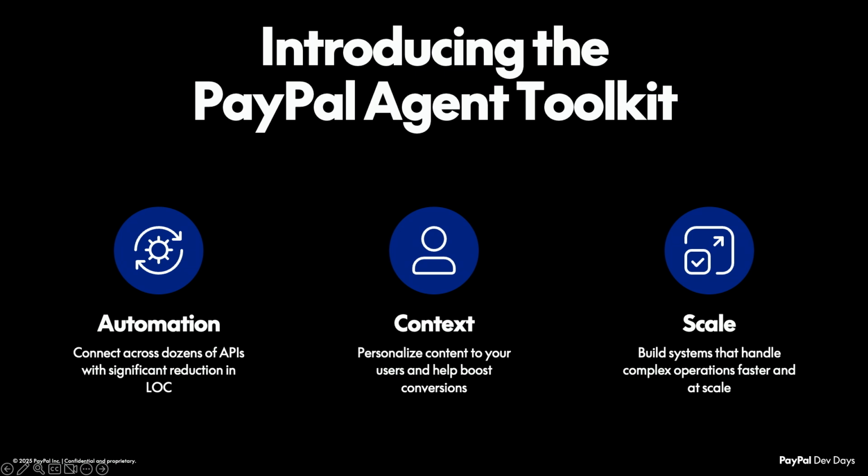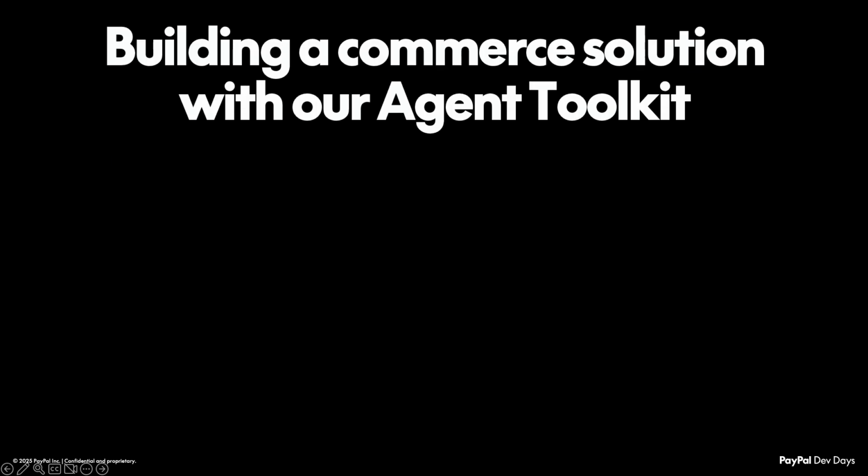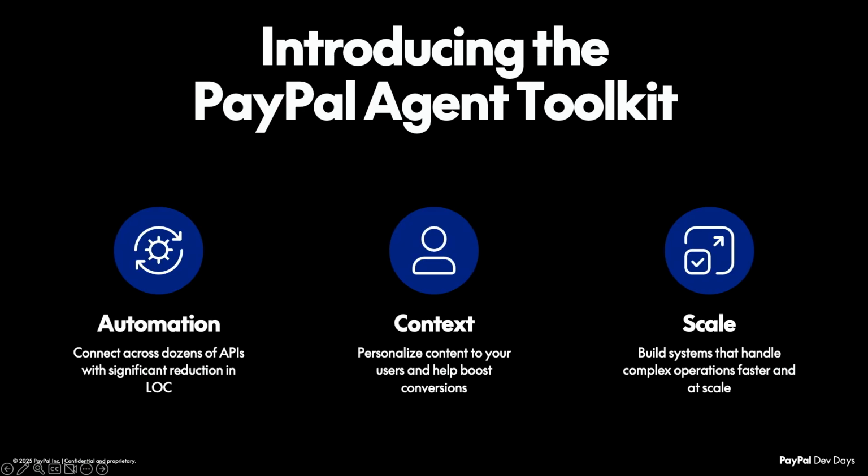Now, in order to build a truly agentic commerce application, you need to be aware of the full context of what the user provides. This toolkit helps you understand the end-to-end context and gives you the solutions for that. Last but not least, scalability. As your application grows and you handle complex operations, scalability is crucial.